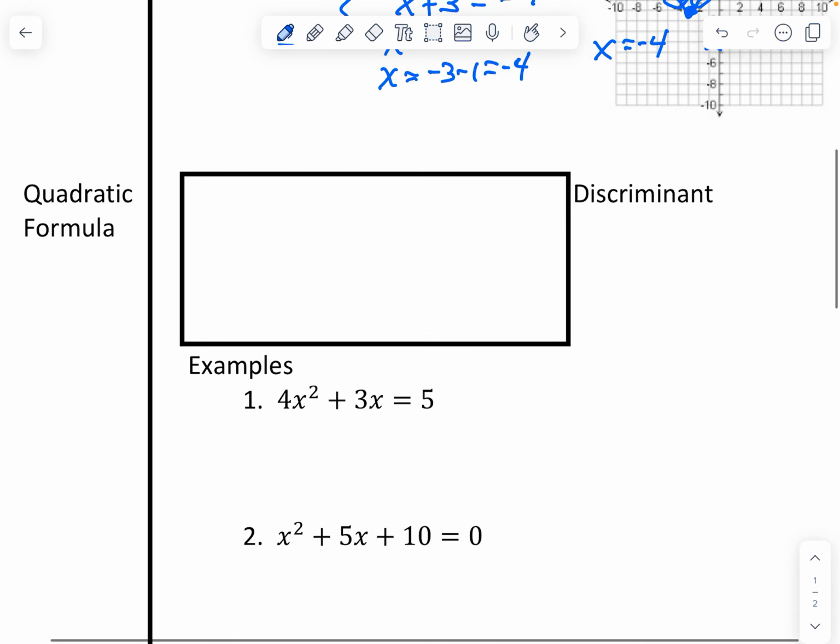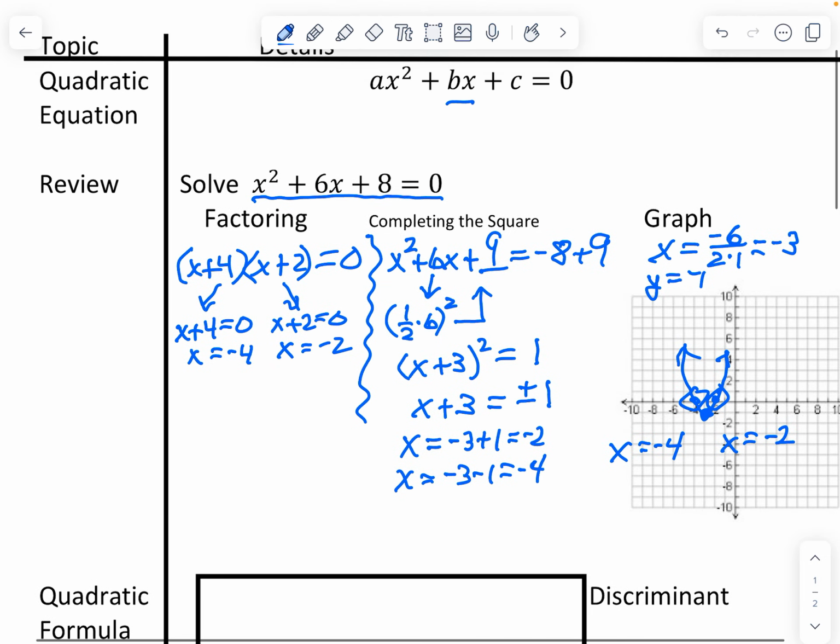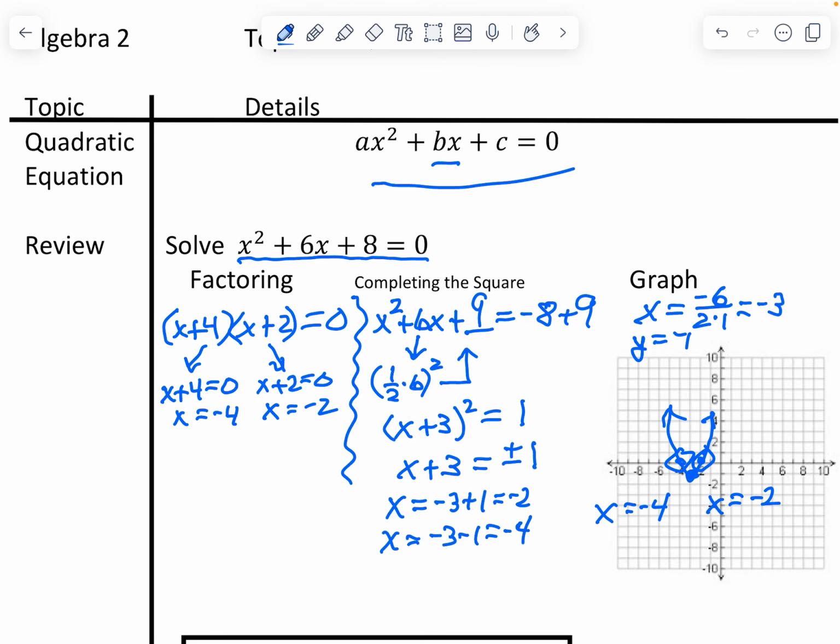We now want to use a new way to solve quadratic equations, and this one will be helpful when the numbers don't come out quite as nicely, especially when square roots are involved in the final answer. So this is the quadratic formula we'll be using. It will be solving this quadratic equation up here at the top.